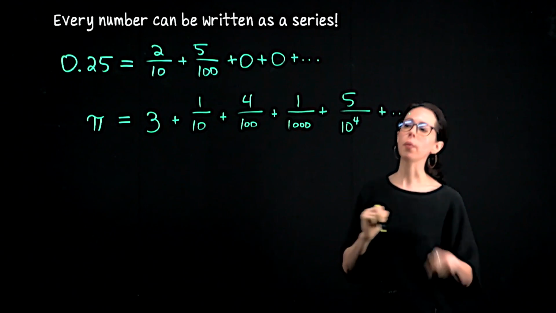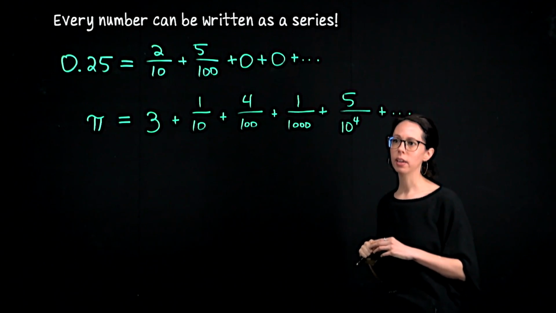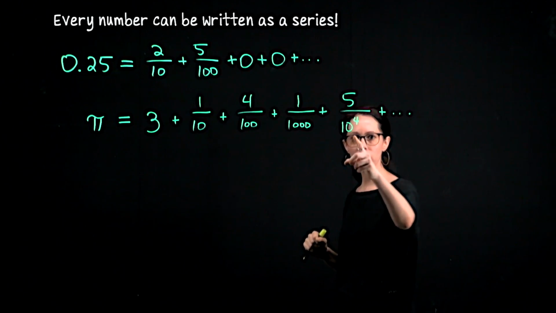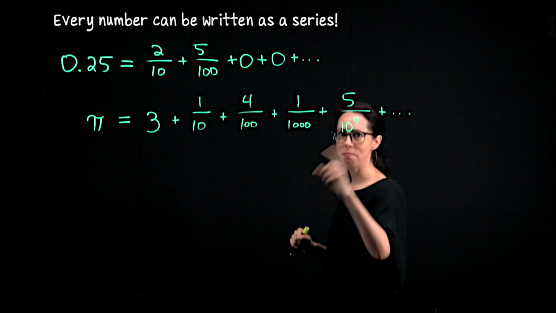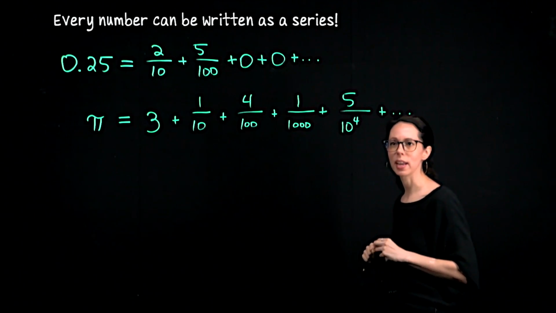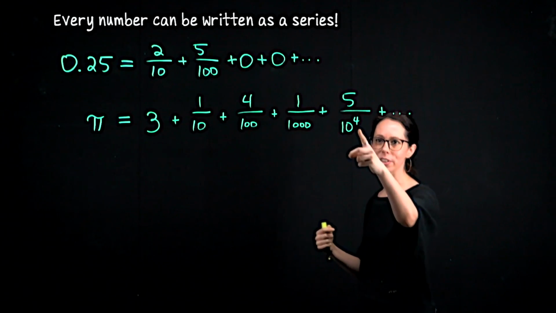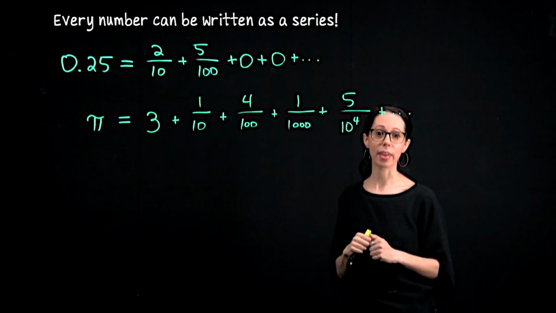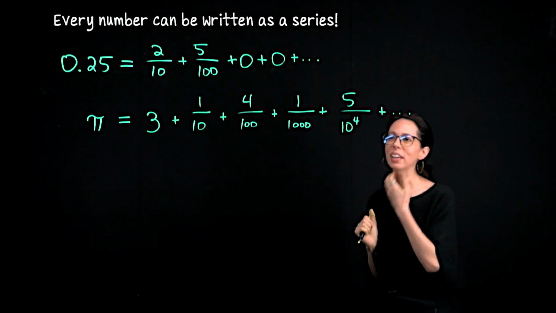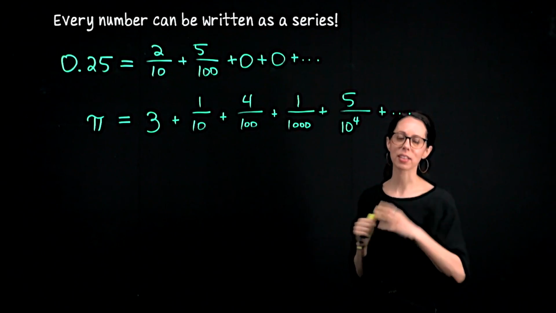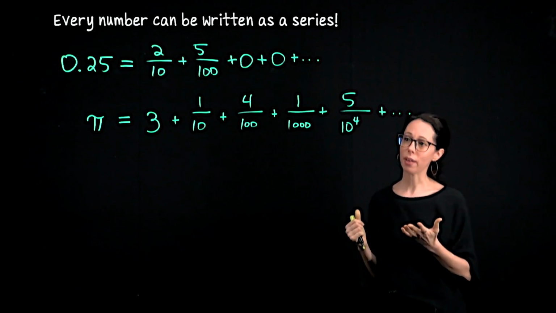And then we could keep going with the decimal expansion of pi, where every term in the decimal gets its own kind of base 10 fraction, if you will. So the next term would be whatever comes after 5 divided by 10 to the fifth. The problem with pi is that we don't have a pattern here, right? So let's look at a number where we do have a pattern.